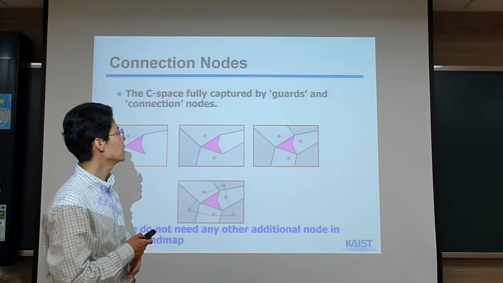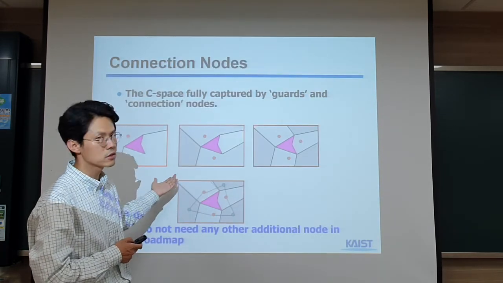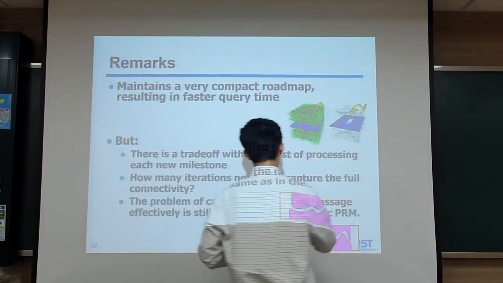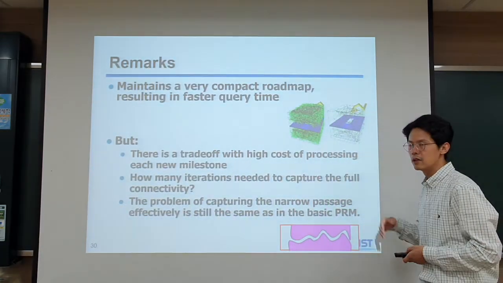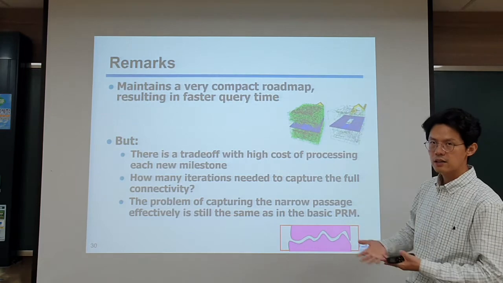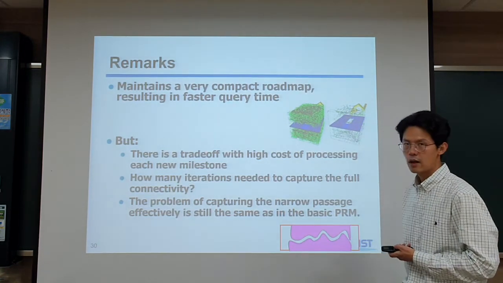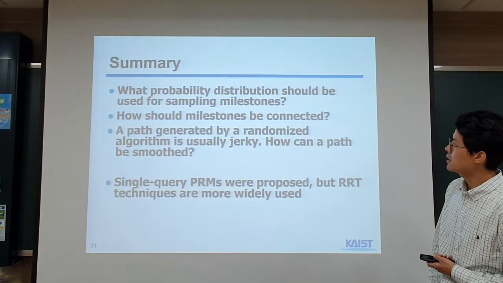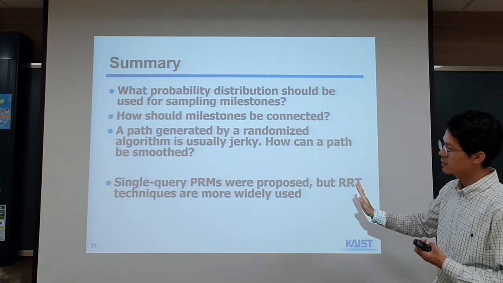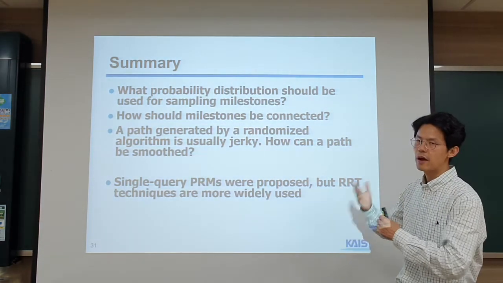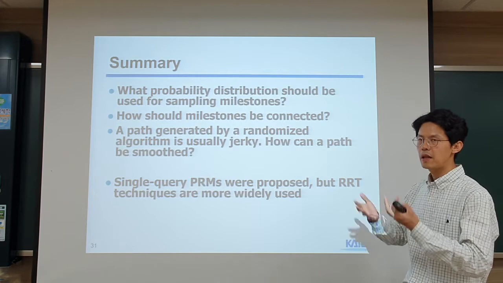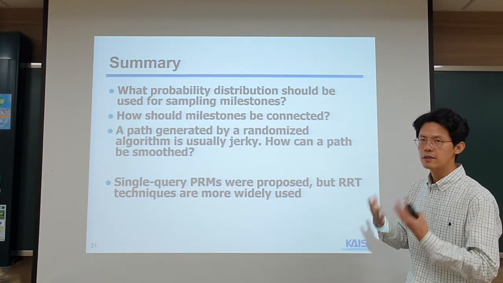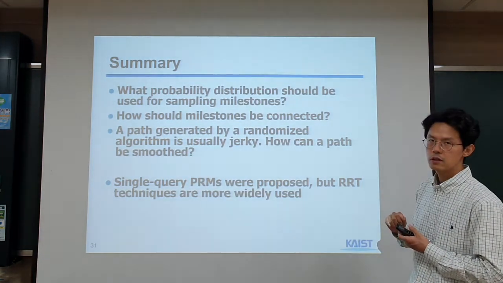In other words, even though we utilize this concept, it doesn't help that much with the narrow passage. That's why there have been dedicated techniques for handling narrow passages. But anyway, there are a lot of issues. Because of that, there are many variants of PRM techniques, and depending on the task that you need to satisfy, you can choose the PRM technique.